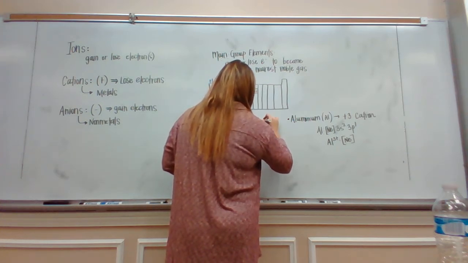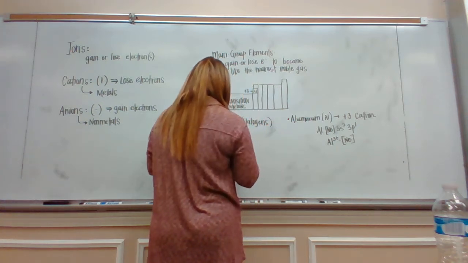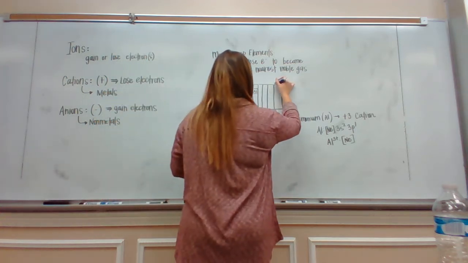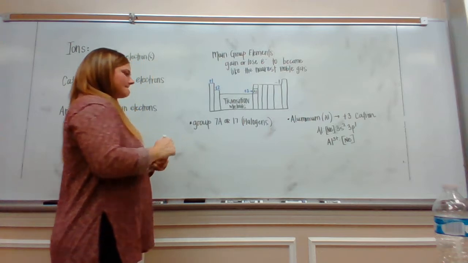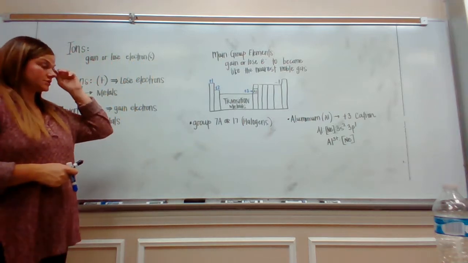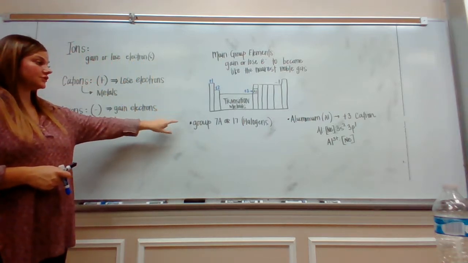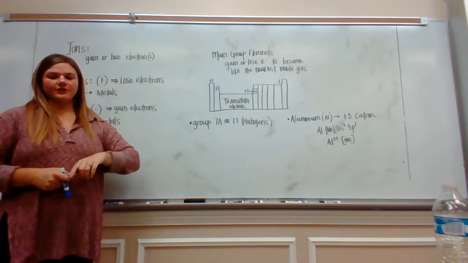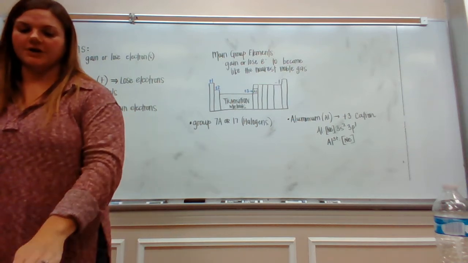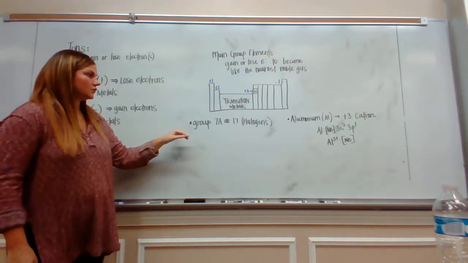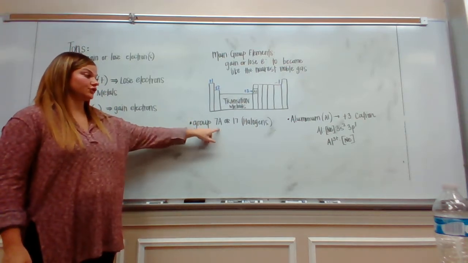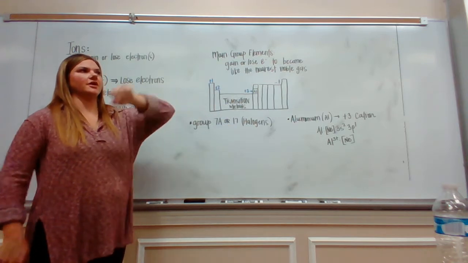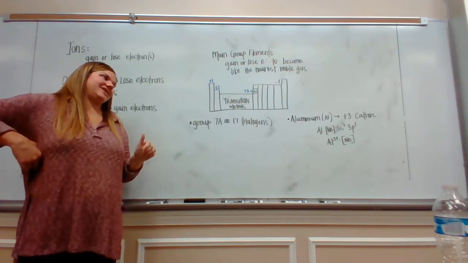Alright, so now let's switch and talk about anions. I'm going to start backwards. So the first group we're going to talk about, there's 2 different numbering systems for the periodic table. So you'll see sometimes it's called group 7A or group 17. The periodic table on the wall is 17.